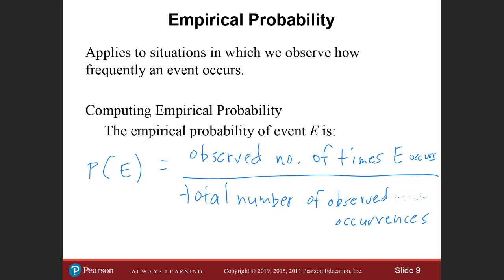Okay, so it's up to you how many observed numbers of times the event occurs, and it's up to you also the total number of the observed occurrences. The more, the better. So you can have a really close answer to the right probability.